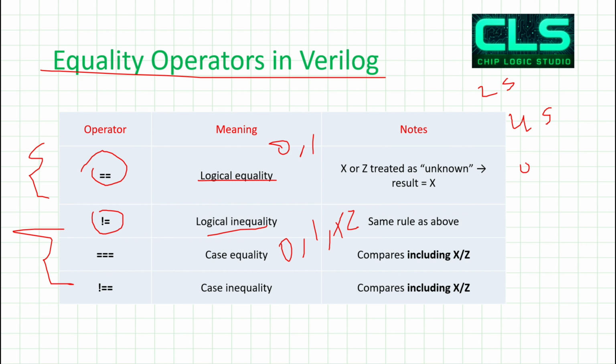So for example, if the numbers are 0 1 1 x and 0 1 1 1, the case equality will give the answer 0, because it will check that x is not equal to 1, but logical equality will not give a correct answer. So logical equality will only check 0 or 1.